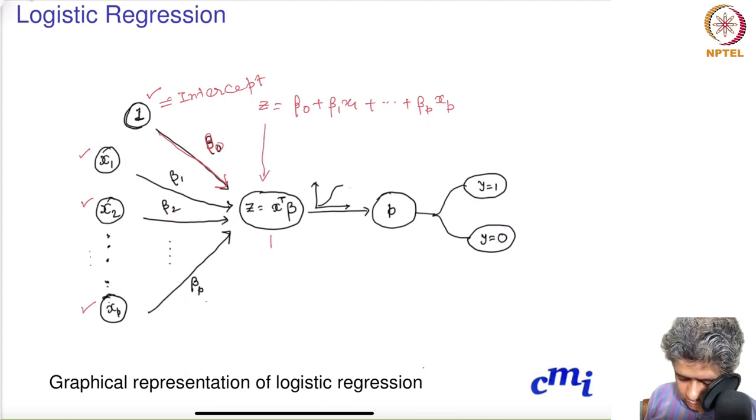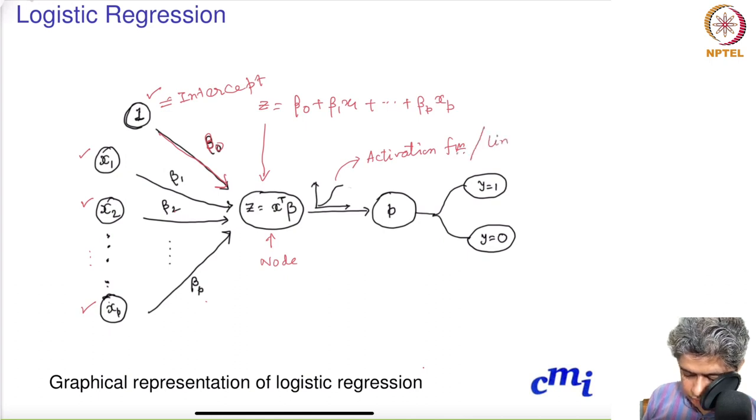This is what we often call a node. Then this node goes through a sigmoid transformation called the activation function. In statistics we call it the link function; in machine learning we call it the activation function. Same thing, no difference.